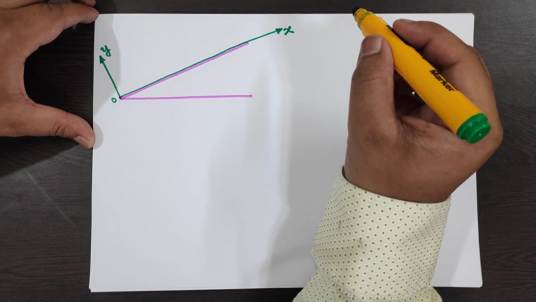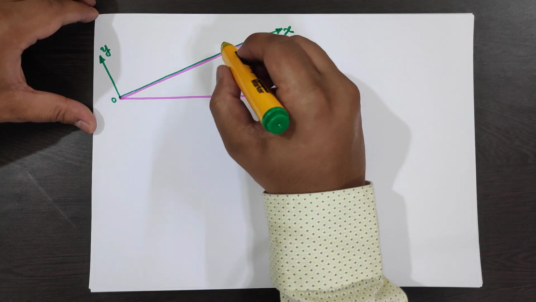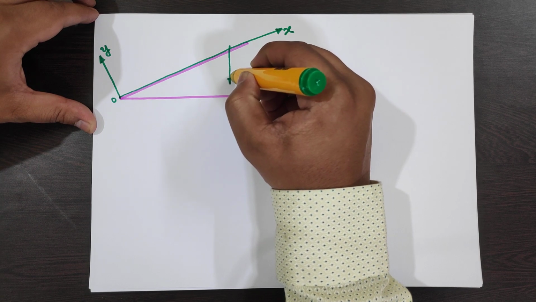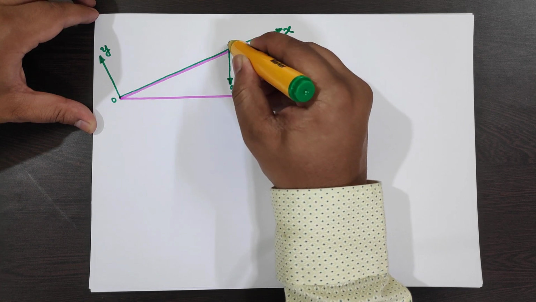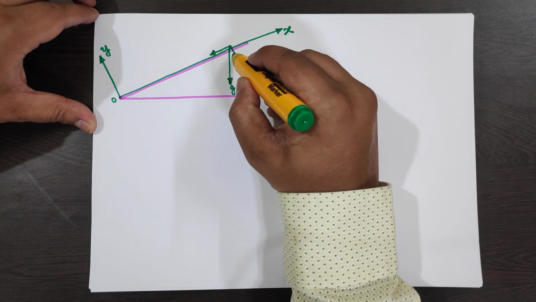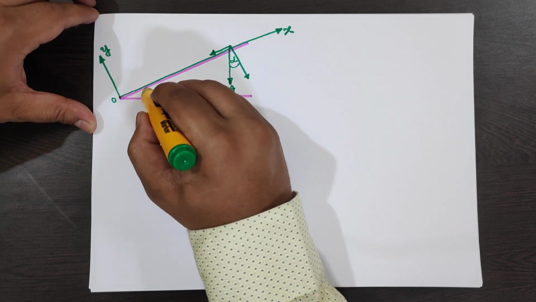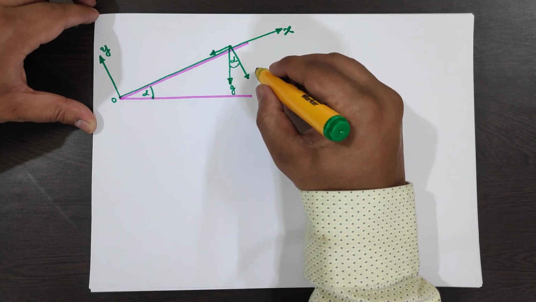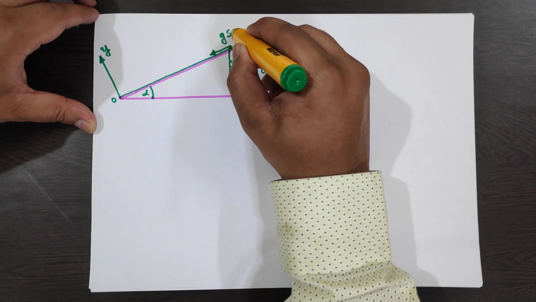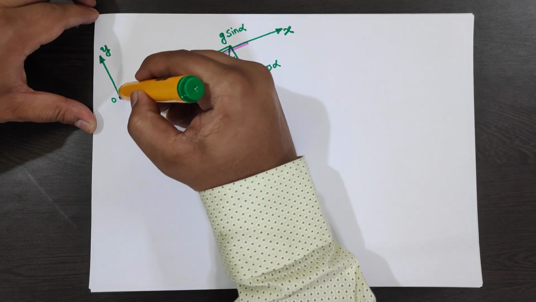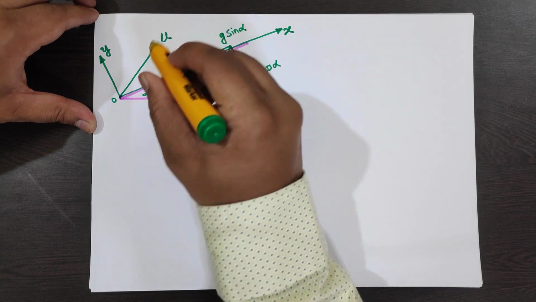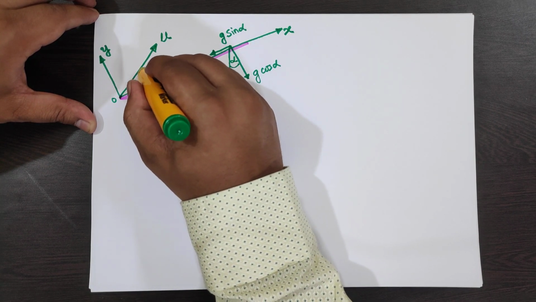Okay, and we can decompose g into these two components. Obviously this angle is alpha, the angle of the incline. So this is g cos alpha, and this component is g sin alpha, and obviously this was u, and this angle is theta minus alpha.